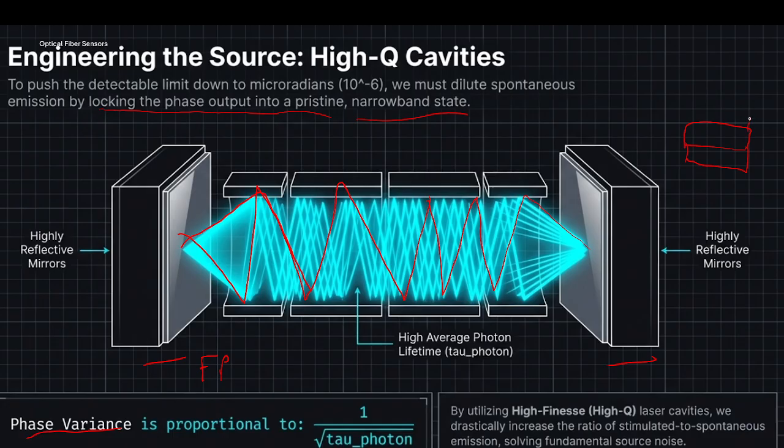The refractive index will be different for each slab of the material. Suppose here it is high, then here it will be a little lower, then here a little higher.